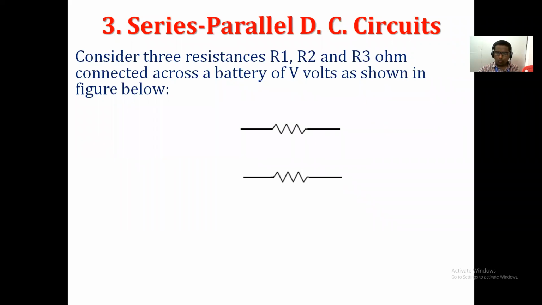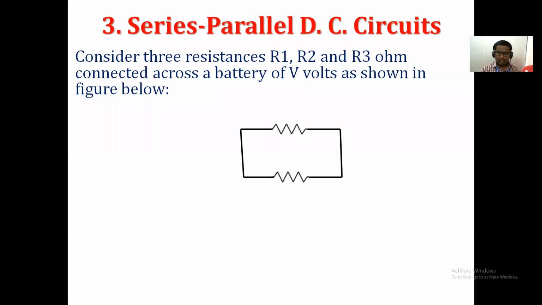These two resistors are in parallel. How can we connect them in parallel? The simple thing is that one end of each resistor is connected to one common point and the other end is connected to another common point. Then we say that these two resistors are connected in parallel.